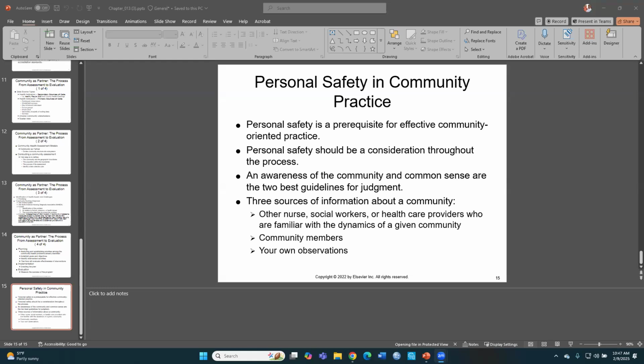And then our own observations, things that we gather when we do our surveys or collect data from windshield surveys, from interviews, whatever. Again, we're making sure that we're getting as much information about the community as possible so that we can make a proper assessment in order to identify the needs and then put interventions in place to improve the overall health of those members in that community.